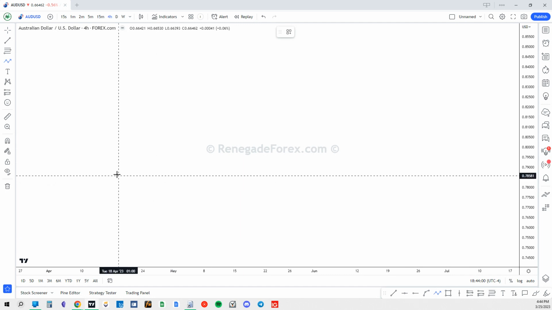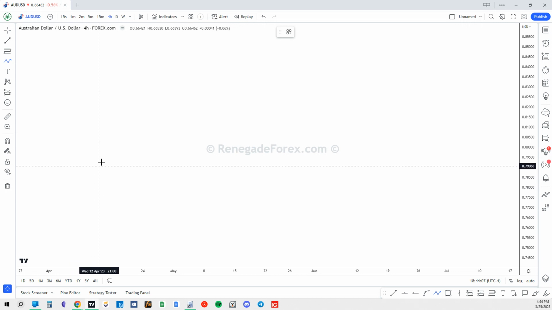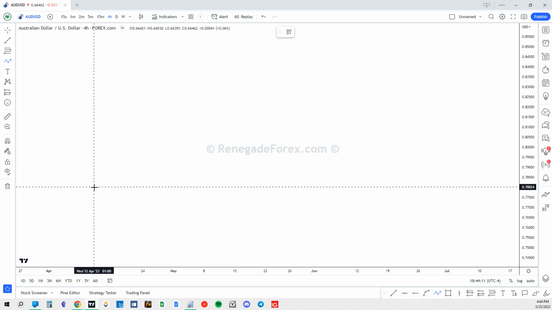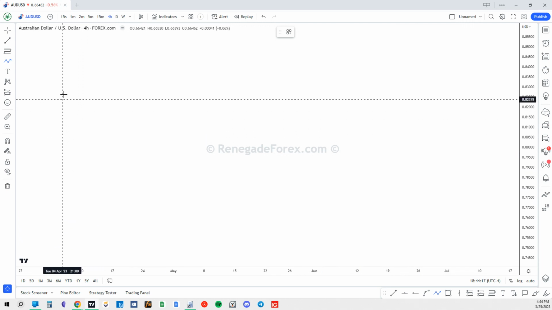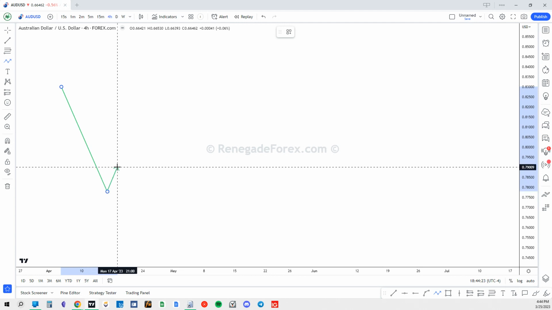Let's say hypothetically we're talking about the 5-minute chart, and on the 5-minute chart we're going to map a big swing structure and apply everything we've already learned to this topic. So let's say price comes down and we put in a lower low here.